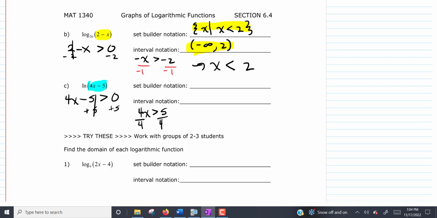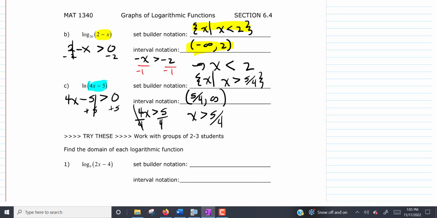If you divide by a positive number, do you have to switch the symbol? No. So you just get x is greater than 5 over 4. So for your domain, you would say the set of x such that x is greater than 5/4. Interval notation would just be parenthesis 5/4 to infinity like that.